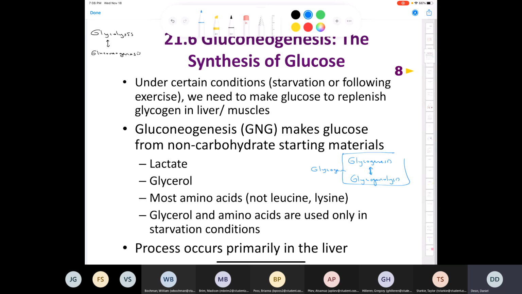And glycolysis and gluconeogenesis, those have to do with glucose, right? Now, these two down here, which again, we're not really worried about at the moment, glycogenesis is going to be the synthesis of glycogen, and glycogenolysis will be the degradation of glycogen. The reason I bring those up is because it's four terms that all kind of sound similar.